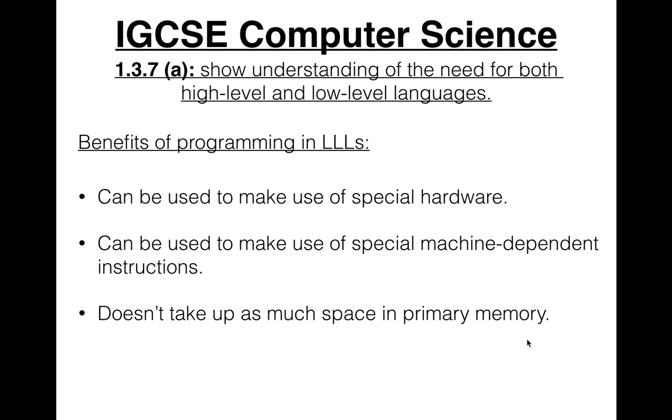It doesn't take up as much space in primary memory. And when we get onto translators, you'll see why. Also the code runs more quickly, and again, you'll see why in the next video when we look at translators.